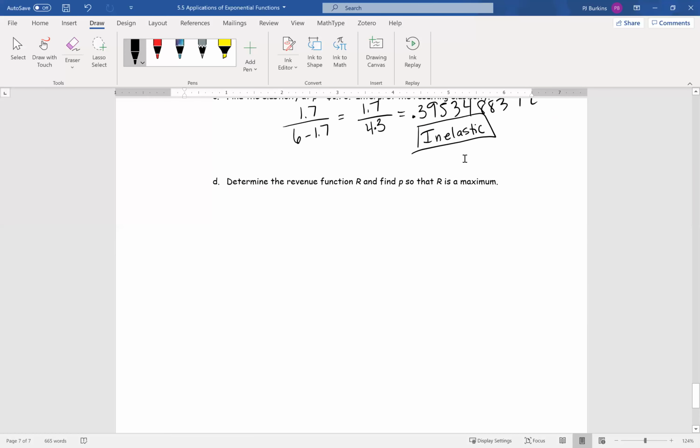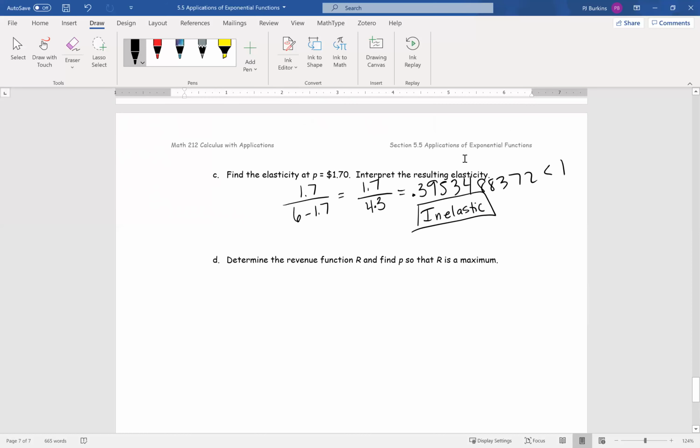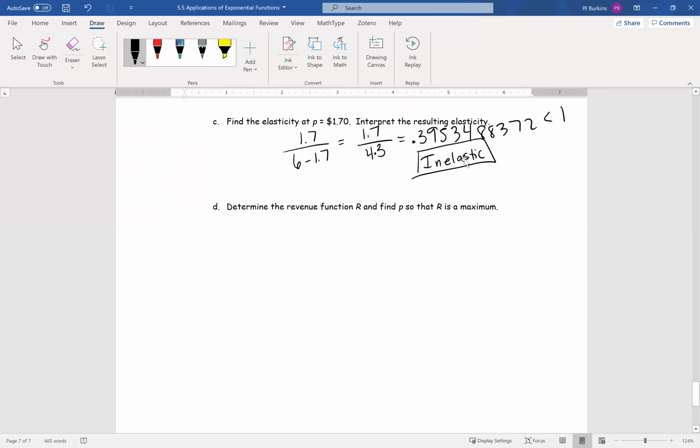Okay. The last part: determine the revenue function R and find p so that R is a maximum. So we've got R prime is equal to d of x times 1 minus 1 over e.